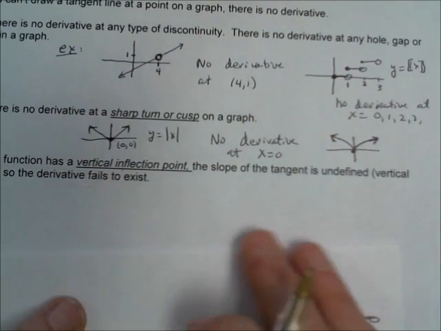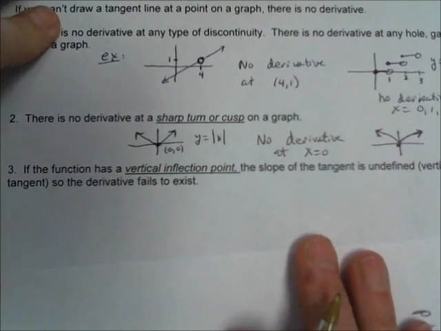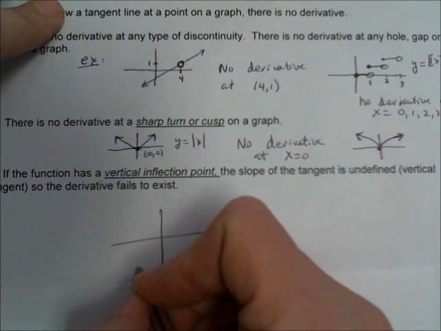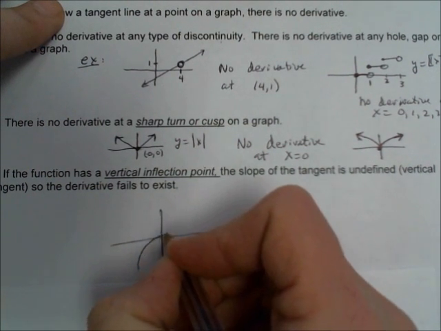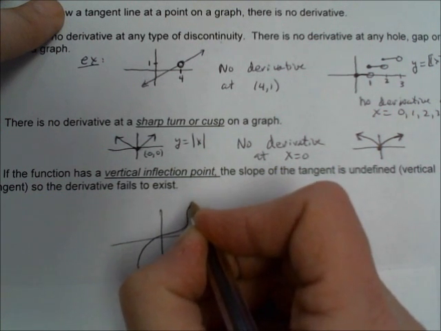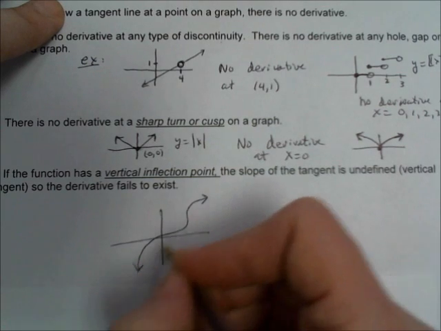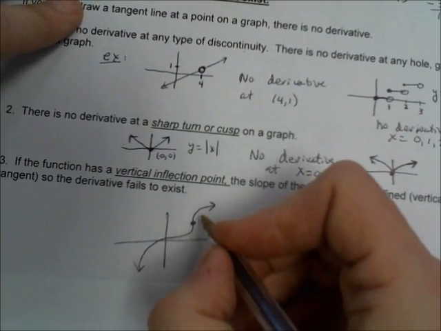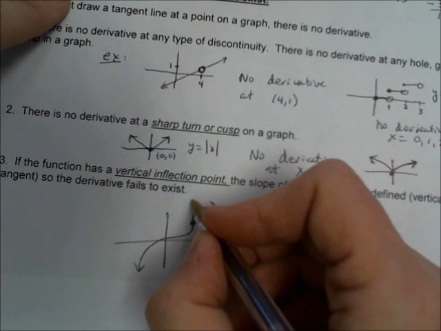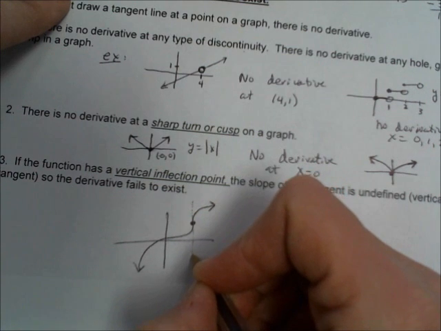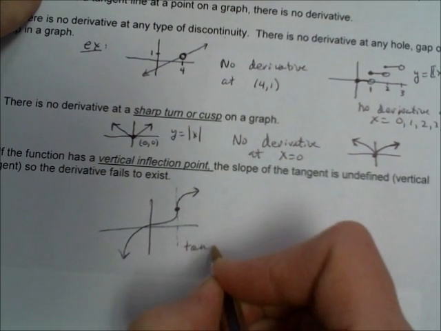If a function has a vertical inflection point, what that means is if you have a graph that comes up and then all of a sudden starts becoming vertical for just one point right here, this is called a vertical inflection point. If we were to draw a tangent line to this graph at this particular point, this tangent is vertical.